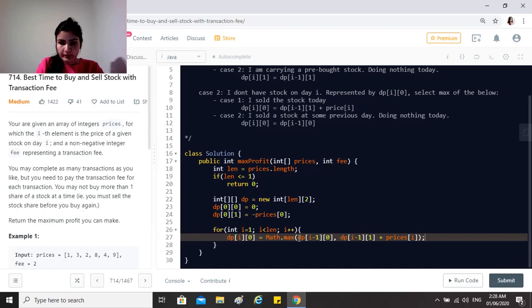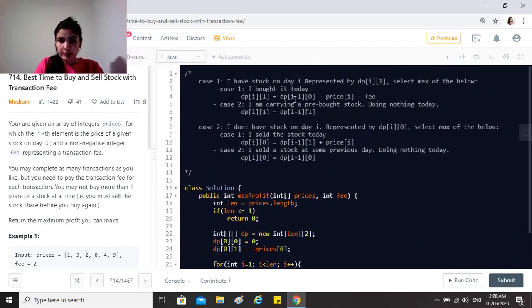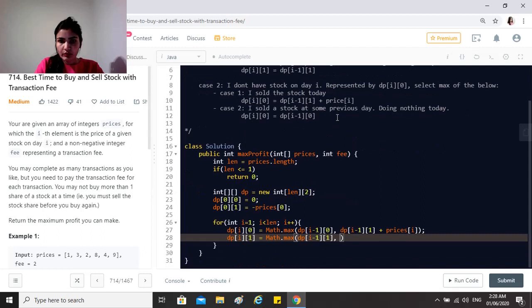And dp of i of 1 equals Math.max of dp of i minus 1 of 1, or this value, dp of i minus 1 of 0 minus the prices of i minus the fee.